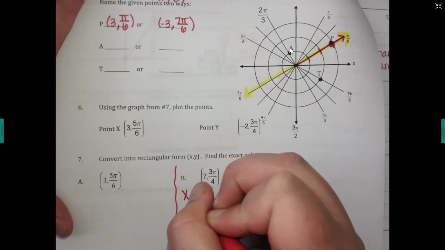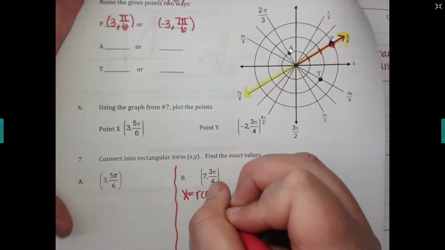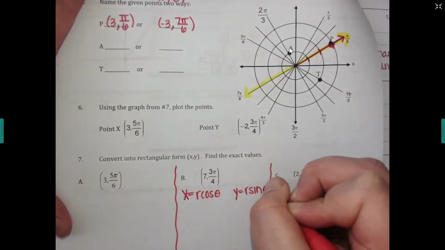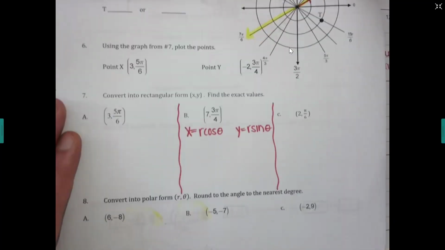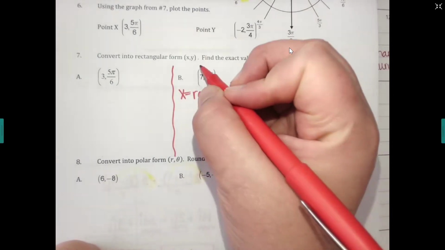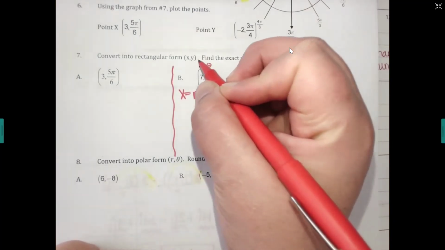Your formulas are x equals r cosine theta and y equals r sine theta. Then remember to get the sine and the cosine, this is the one where you'd use the unit circle. So I'm going to write in my answers here. This is my r, this is my theta.